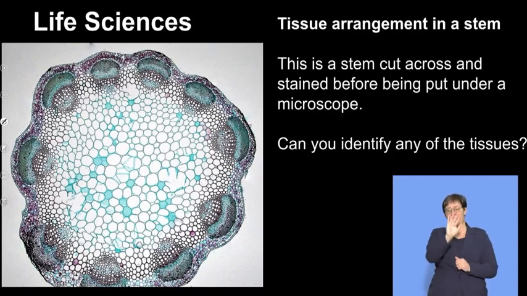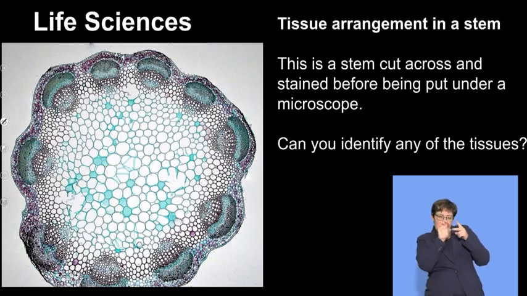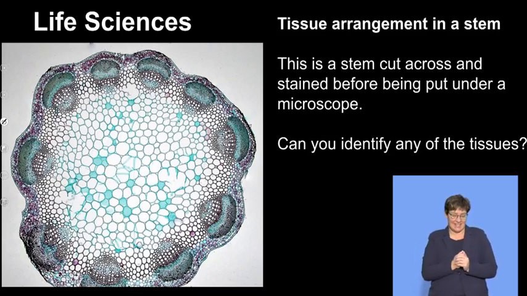But let's start with the easy things, the things that are easy to recognize. Obviously, the first one is, does it have a skin? And the skin is the epidermis.